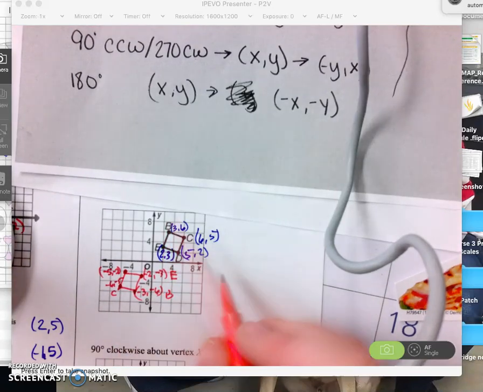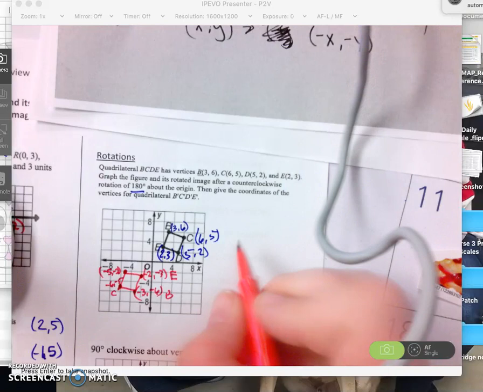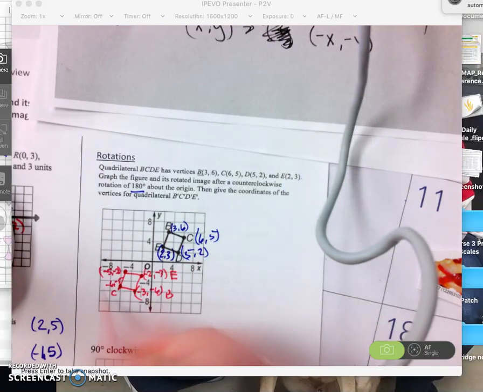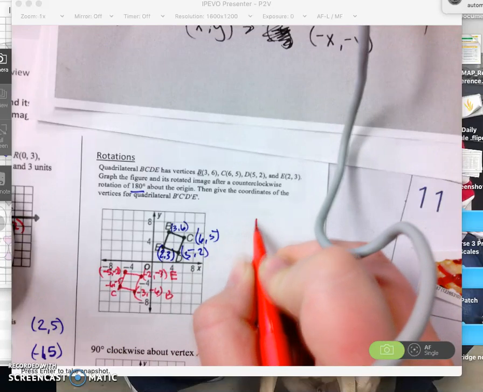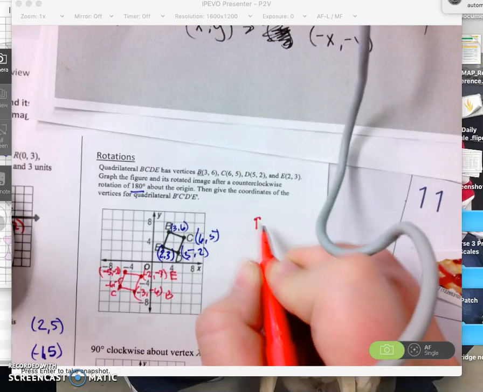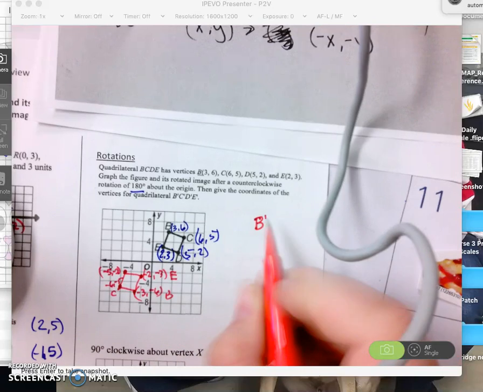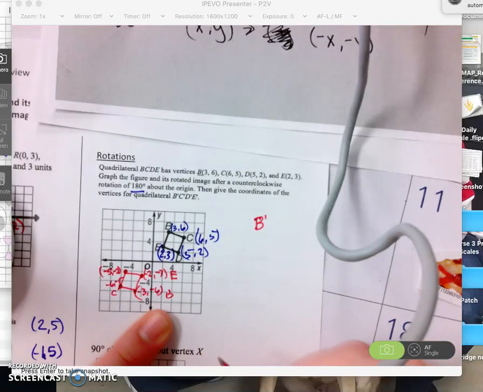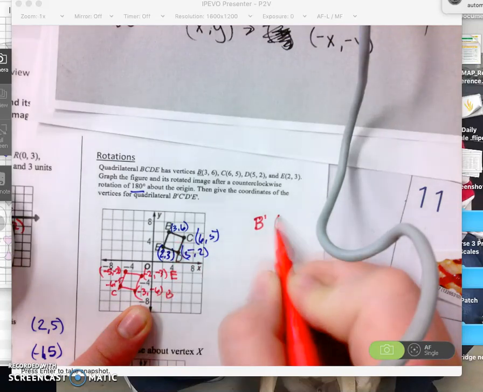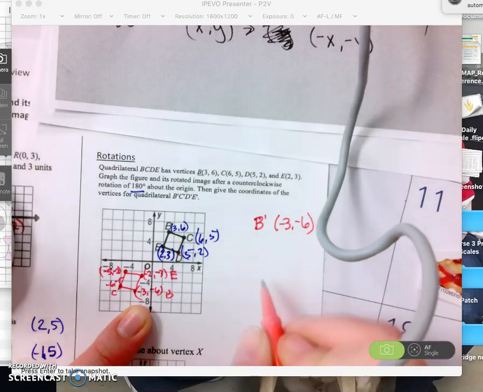Given the coordinates, so it's not so messy, I'm going to want to write over here, and is it B, C, D, E? Yeah, so B, that little thing means B prime, which means it's our new point. So our new point of B is -3, -6.